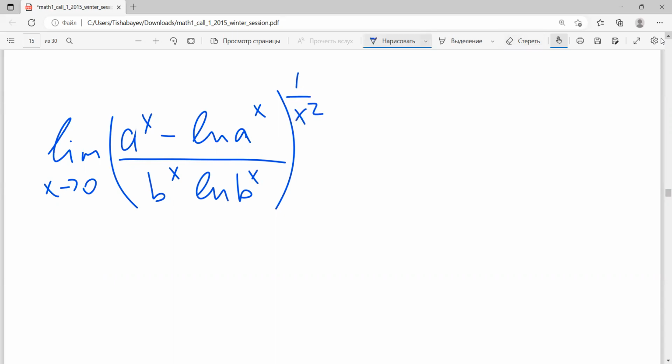Like this, you mean? Yes. Here in the denominator, is it b^x multiplied by ln b^x or minus? Not multiplied, minus. Yes, minus.